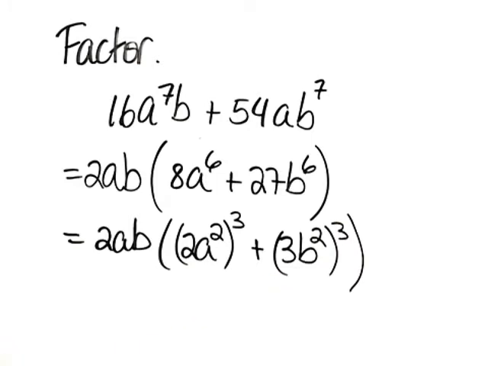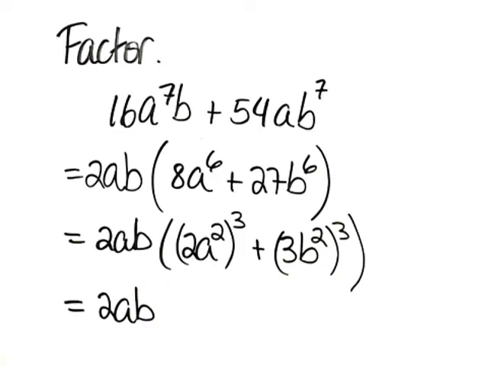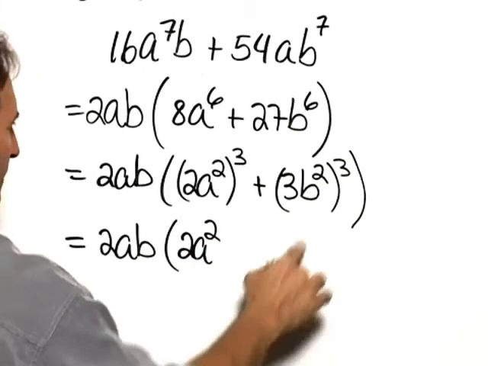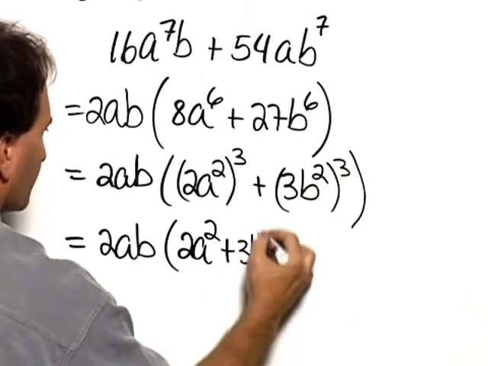We use the formula for the sum of two cubes. So we have 2ab, and then the first term, 2a squared, plus the second term, 3b squared.